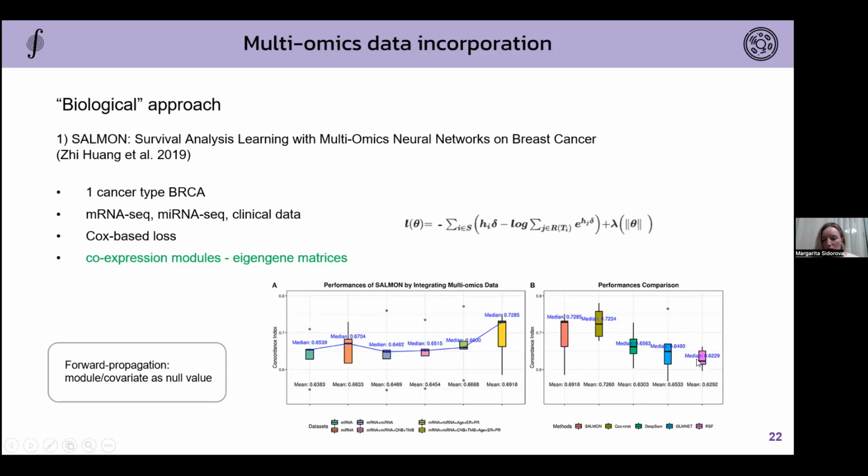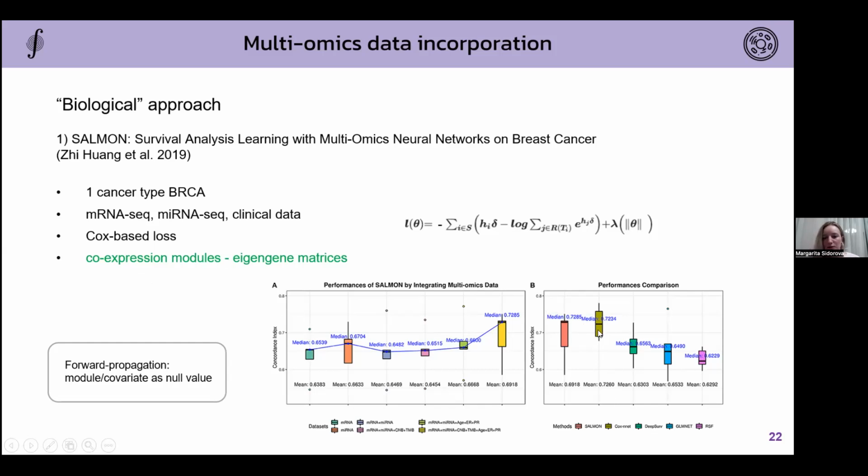Also, they compared their model with some other models. For example, it was greatly better than random forest. And also, they compared it with a Cox-nnet model, but don't think that their model was not so good because it has similar values as Cox-nnet. In fact, they didn't use the default Cox-nnet. They adapted Cox-nnet also with these co-expression modules.